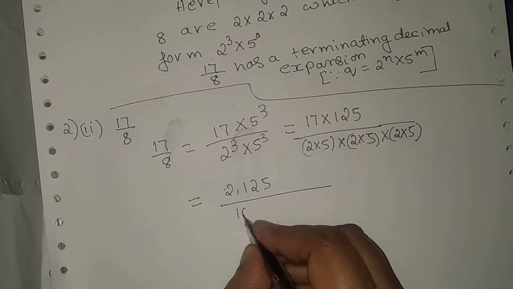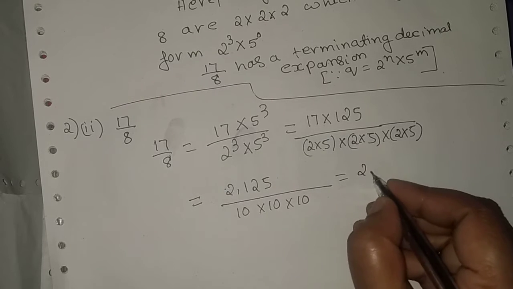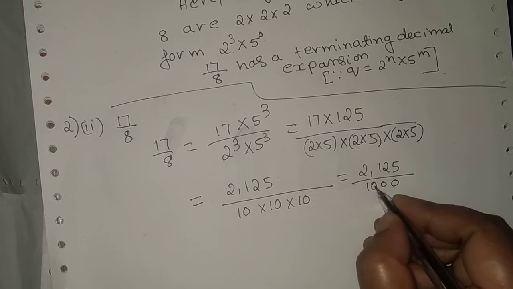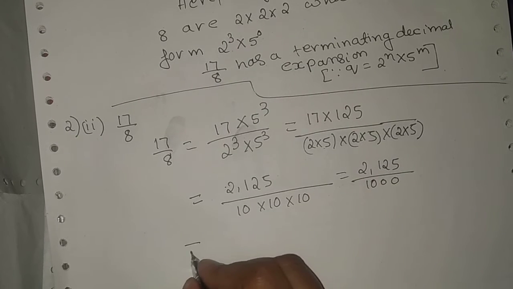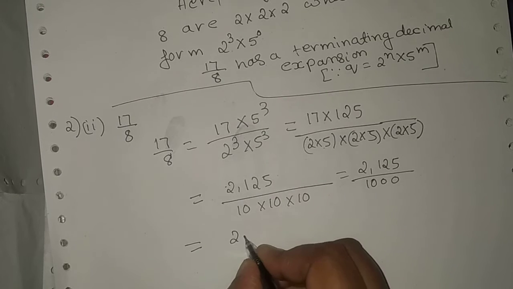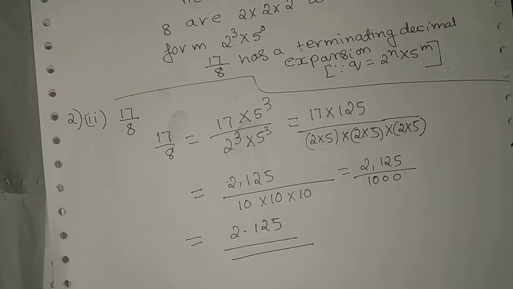This will become 10 into 10 into 10. So finally 2125 by 1000 we will get, which is equal to 2.125. So this is the answer for the second question.